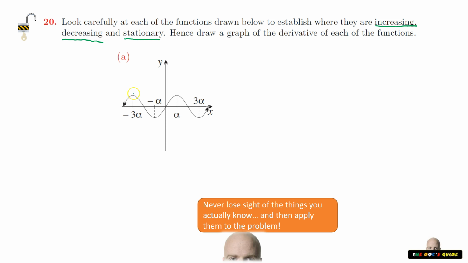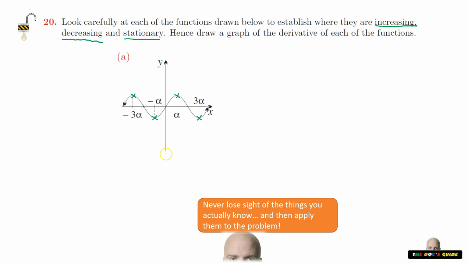So if we glance at this, we can see that at this point, this point, this point, and this point, the slope is 0. And leading up to that point just there, the slope is positive. It's negative all the way here, positive all the way here, negative, positive.